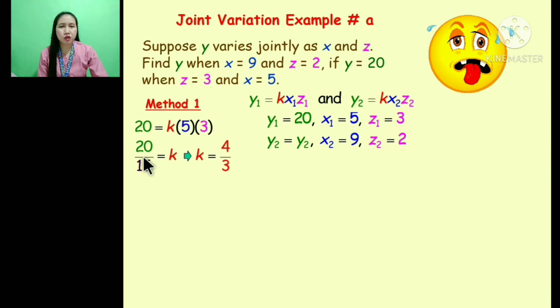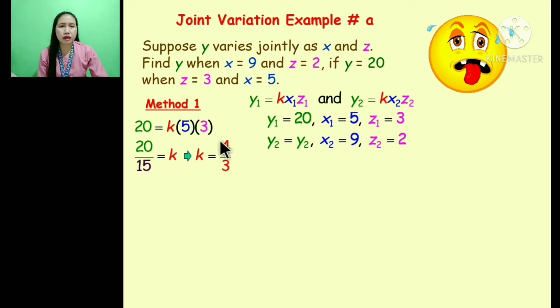And if we're going to have the lowest term of 20 divided by 15, that is 4 over 3. So how did we get this 4 over 3? So just simply divide both the numerator and the denominator by 5. 20 divided by 5 is 4, and 15 divided by 5 is 3.